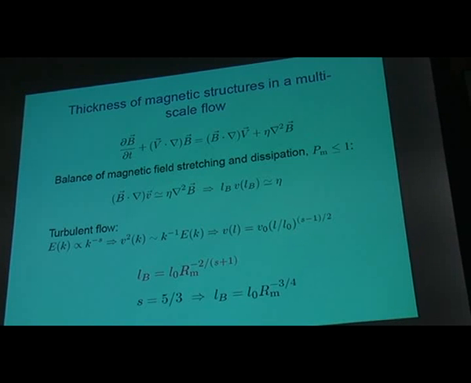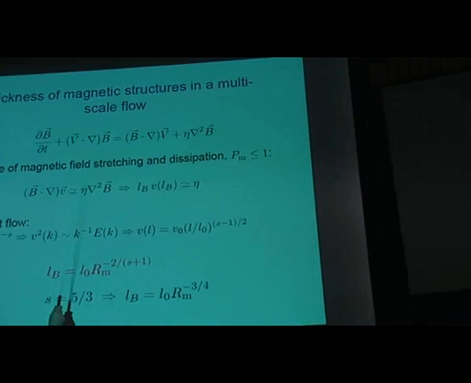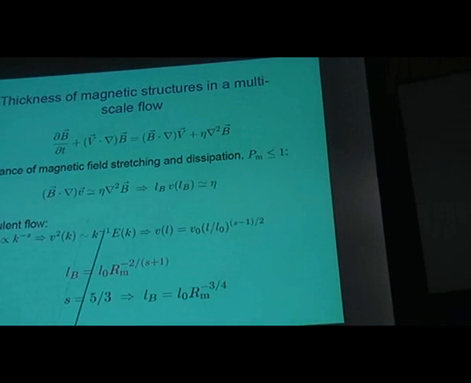Let's make this estimate. Let's estimate the thickness of magnetic structures in a multi-scale flow. I will start with the induction equation. And I will say that the thickness of the structures is controlled by the balance of stretching and magnetic dissipation, the skin layer depth. I immediately get from this that the scale of the magnetic field times the velocity at this scale should be proportional to eta, the magnetic diffusivity.